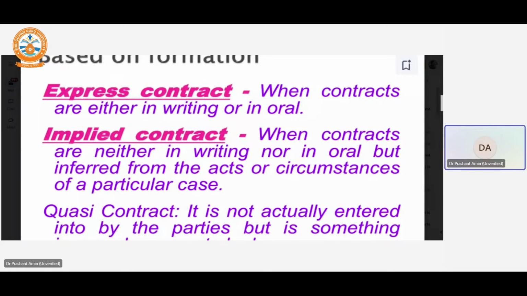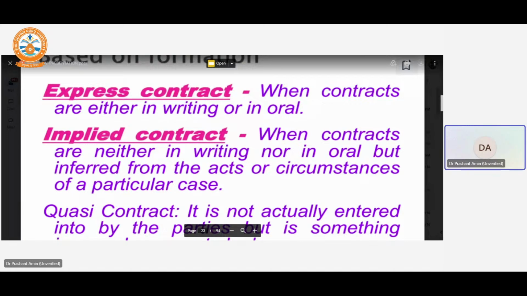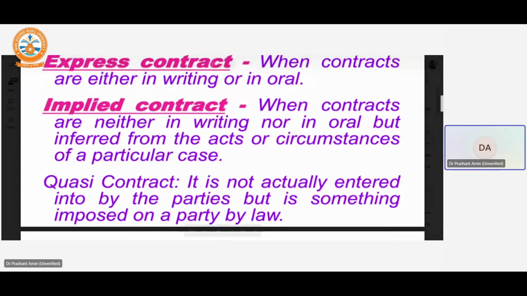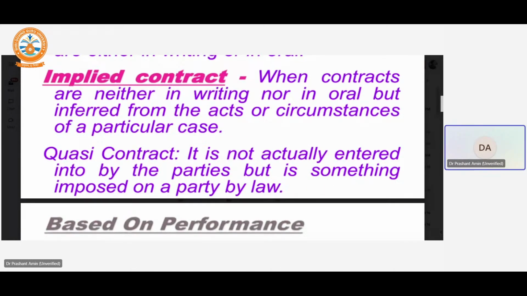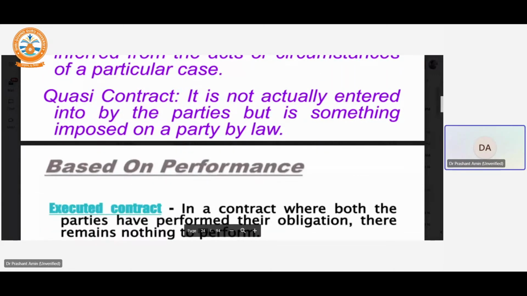Implied contract means the thing is not written nor oral, but it is implied that this particular obligation under the contract is to be fulfilled. So that is called the implied contract. Quasi contract means it is not actually entered into by the parties, but something which is imposed on the party by the law. So that is called a quasi contract, right?